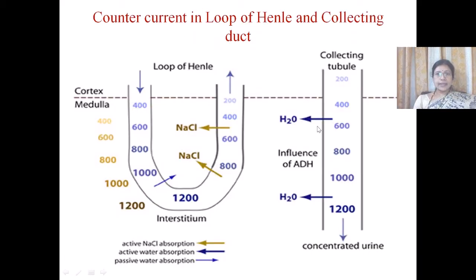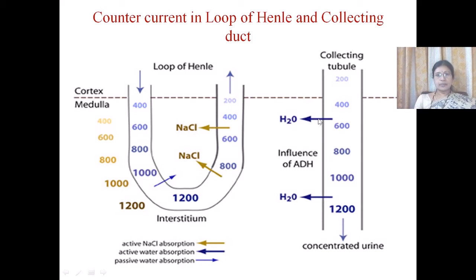The collecting duct helps in the maintenance of counter current in the two limbs of loop of Henle. The collecting duct runs almost parallel to the ascending limb of the loop of Henle. The filtrate from the ascending limb of the loop of Henle reaches the distal convoluted tubule present in the cortex region, and from there to the collecting tubule.